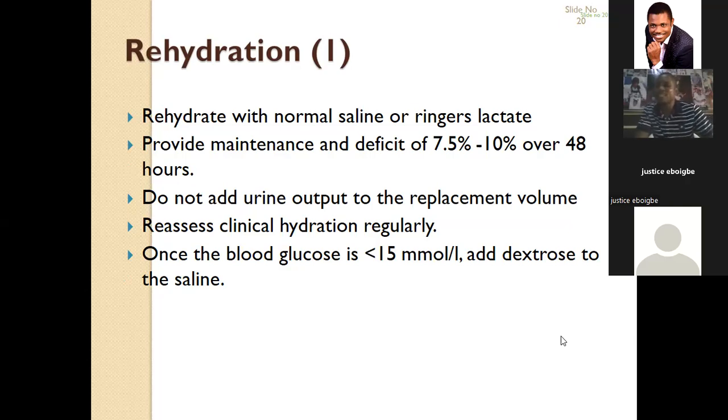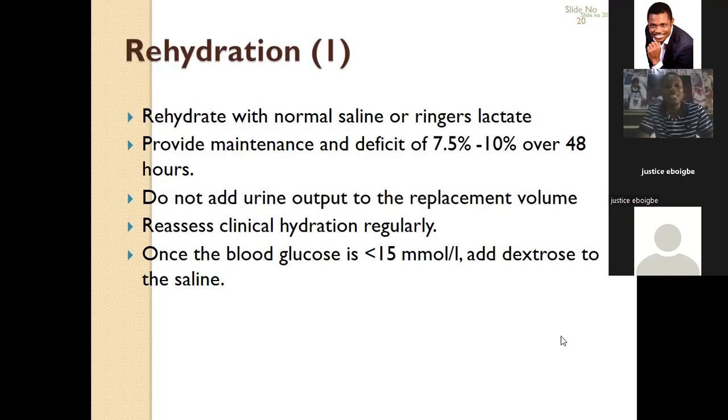Now, for the maintenance fluid, if you remember when we talked about correction of dehydration, we talked about the Holliday-Segar formula, whereby you give maintenance fluid. Are we still together? For DKA, there is age-appropriate maintenance fluid. We do not follow that Holliday-Segar formula.